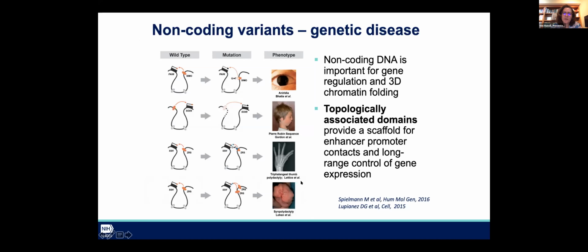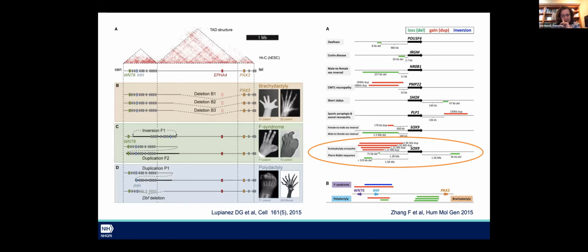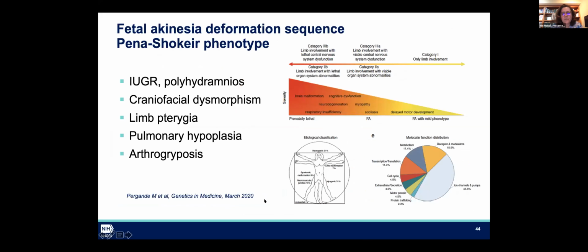So fascinating mechanisms, and a lot more to learn about how duplications, losses, gains, or inversions can affect the expression of genes nearby, causing this range of syndromes.